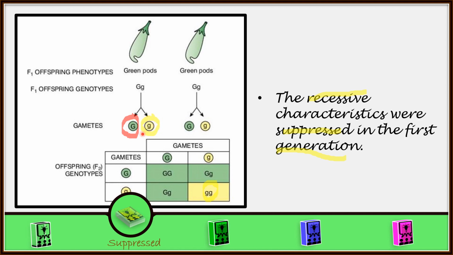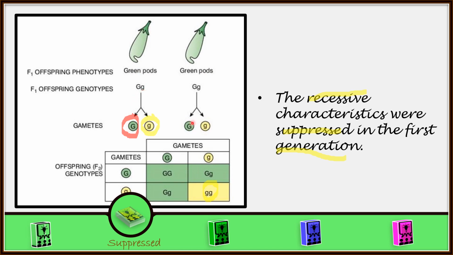So the recessive is going to be suppressed and the dominant is going to express itself. That's why all the offsprings were green in color, but they had a gene for brown color, which was suppressed.